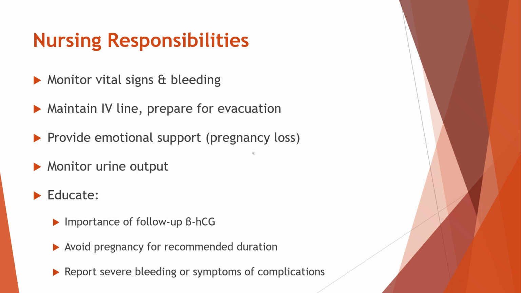She must avoid pregnancy for the recommended duration, usually 6 to 12 months, so that HCG levels can be monitored accurately. Finally, the nurse should teach the patient to report any severe bleeding, abdominal pain, or symptoms that may indicate complications. This helps ensure safety and early intervention if needed.